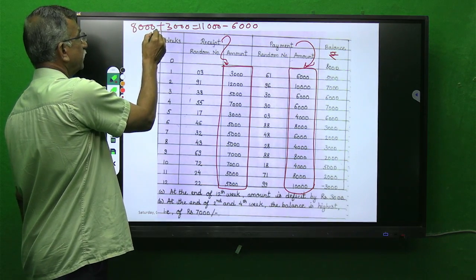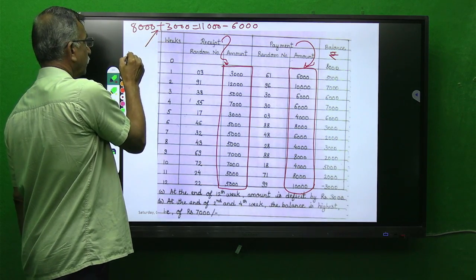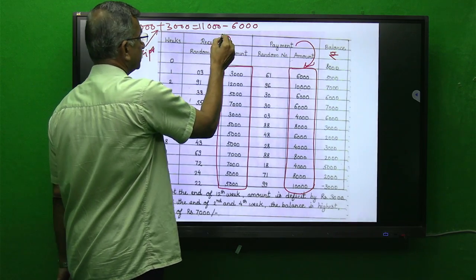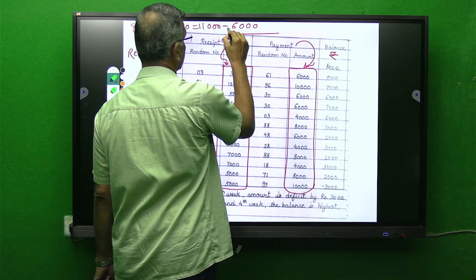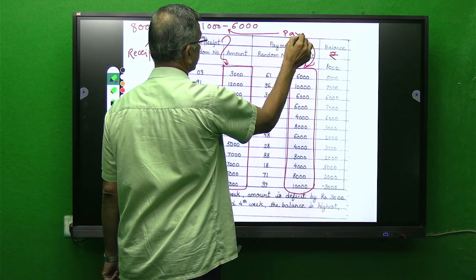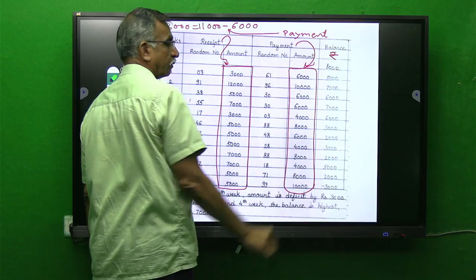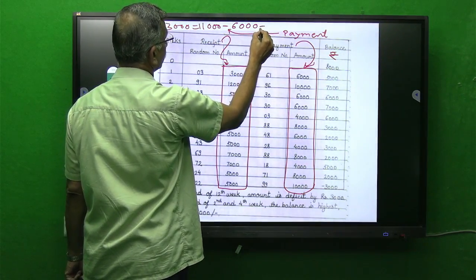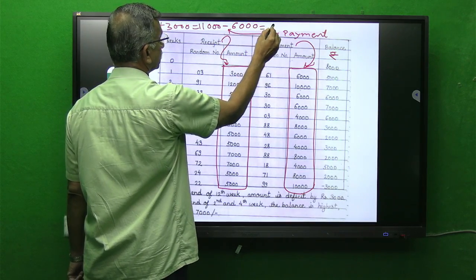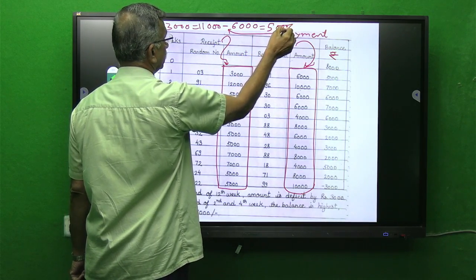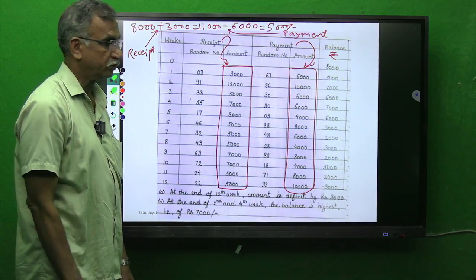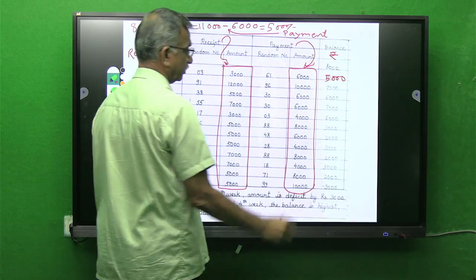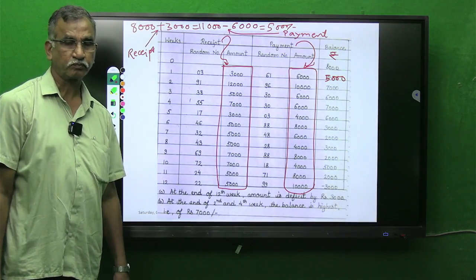Here the addition side is for receipt and this subtraction side is for payment. Got it? So what will be the balance at the end of the first week? 11,000 minus 6,000, so it will be rupees 5,000. So see here, I have calculated and written the value of 5,000, which is visible to you. Got it?